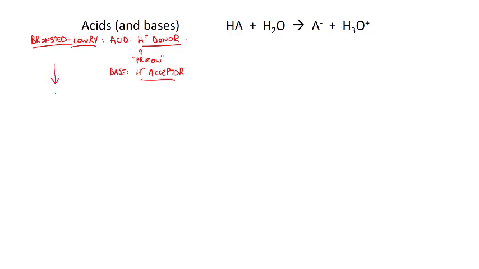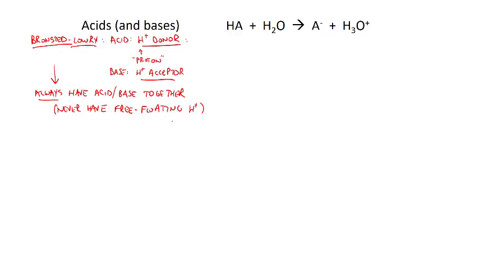And one of the key features of a Bronsted-Lowry acid and base system is that you always have an acid and a base together. You never have a free-floating proton.